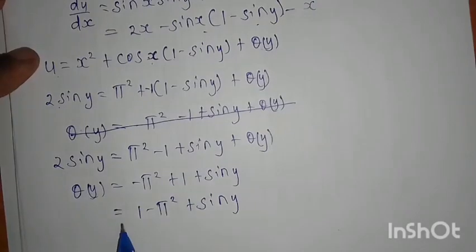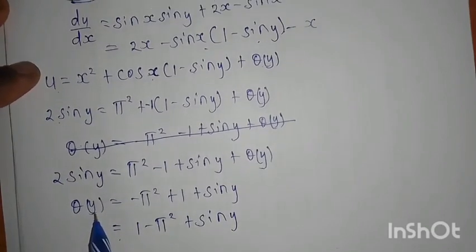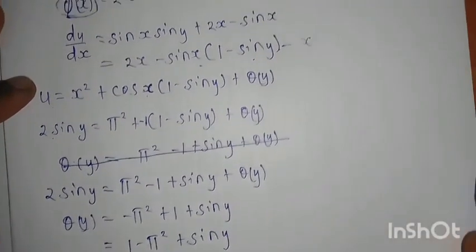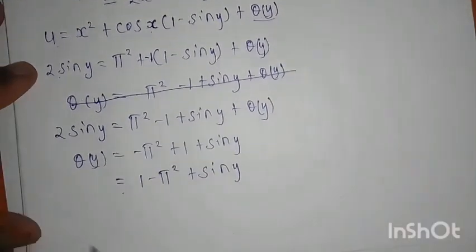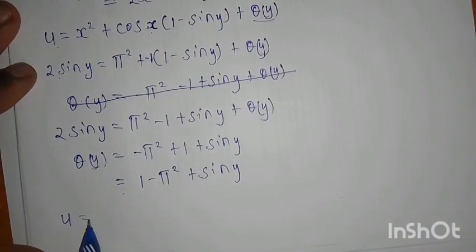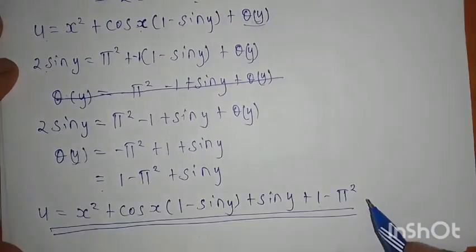So this is basically the equation with the function of y. Coming and replacing it in this equation, we now have our particular solution of u to be the following. So this is our particular solution.